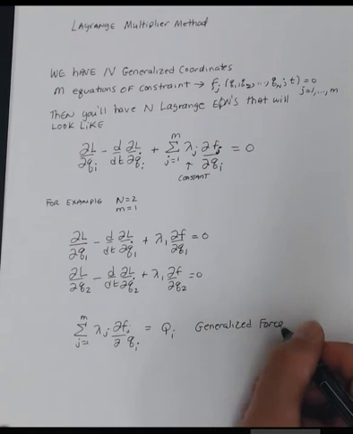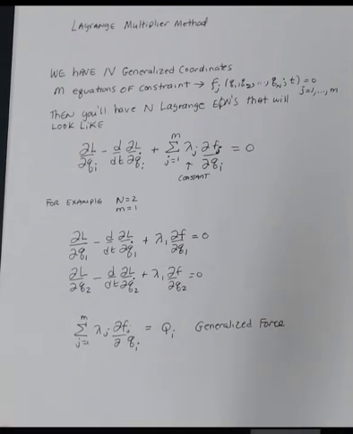But just like our generalized coordinates don't have to have units of length, this generalized force doesn't have to have units of newtons. It could be, for example, torque. So that's the nuts and bolts of how to use this. Let's do an example or two to put it in practice.